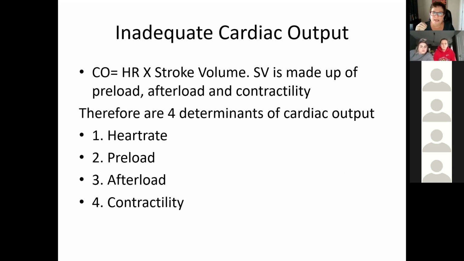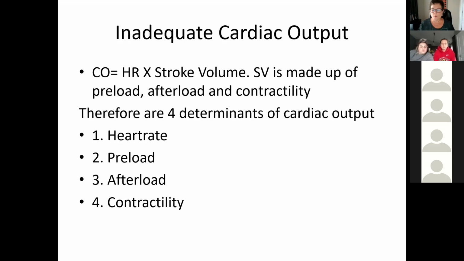And that should translate into they have inadequate cardiac output. And one of 4 things is always wrong with the person. Doesn't matter whether they're in a GI clinic, at the dentist, or in a cardiac ICU. There are 4 determinants of cardiac output: heart rate, preload, afterload, and contractility.